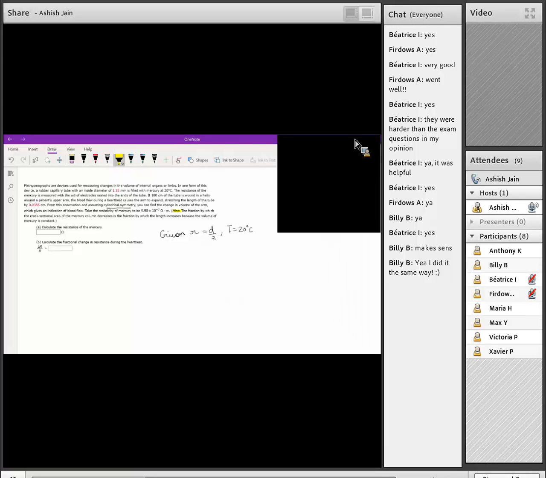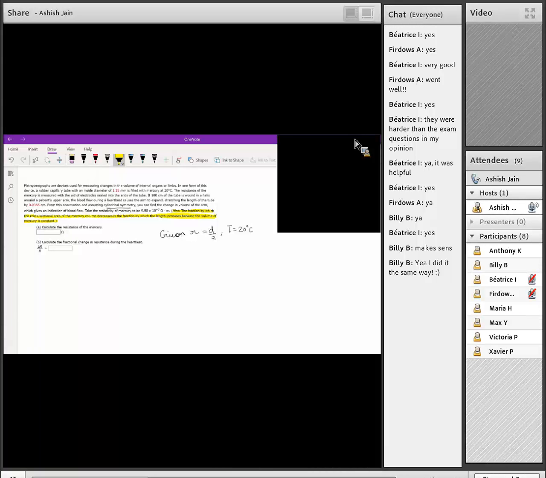That's how the device works. Take the resistivity of the mercury as given, and another hint: whenever a hint is given in any question, you have to use it. Never ignore any hint. That's how you get to know how to do the problem.